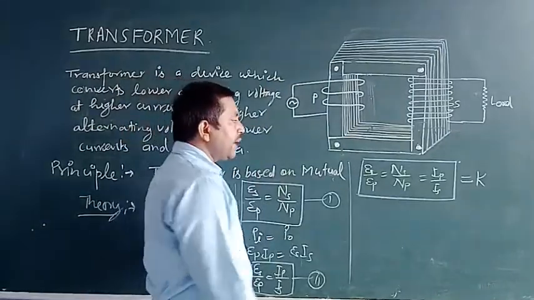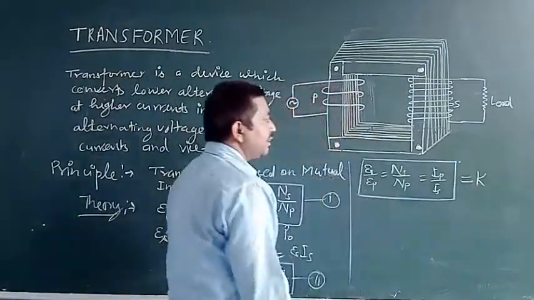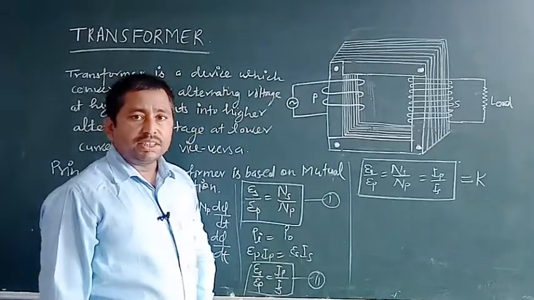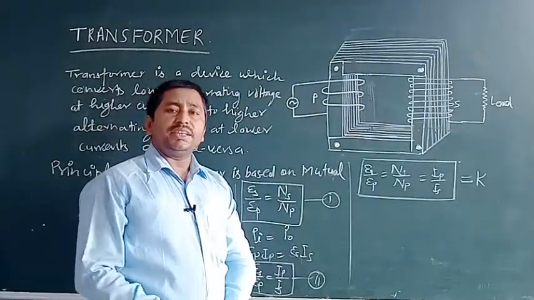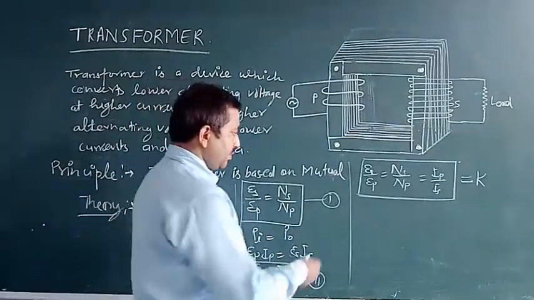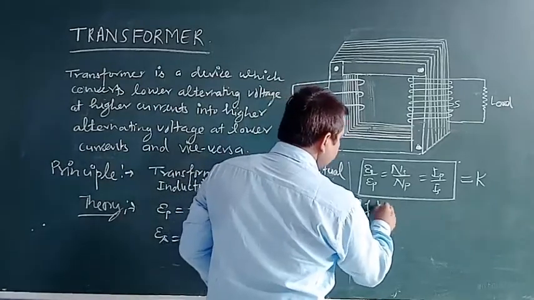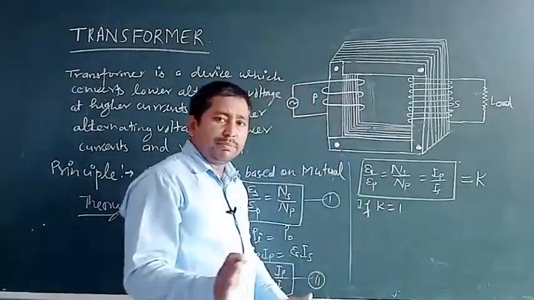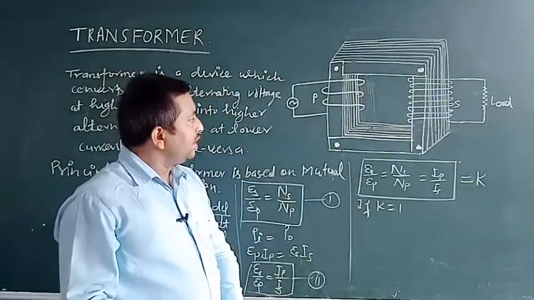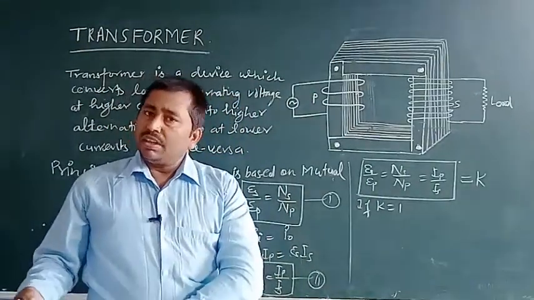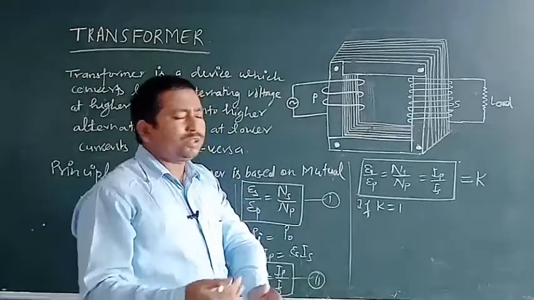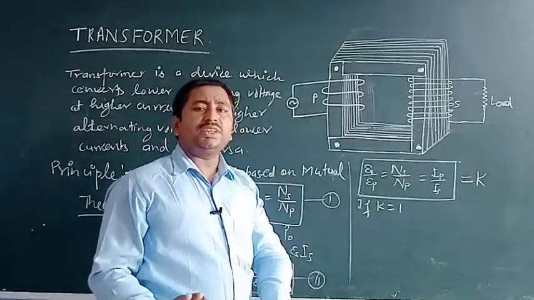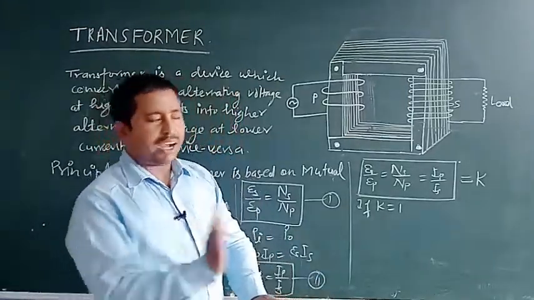But if the value of this K is larger than 1, then the transformer is said to be a step up transformer. If K is equal to 1, then transformer is normal transformer. It means the input voltage is exactly equal to the output voltage. It means there is no change in the voltage input and output.